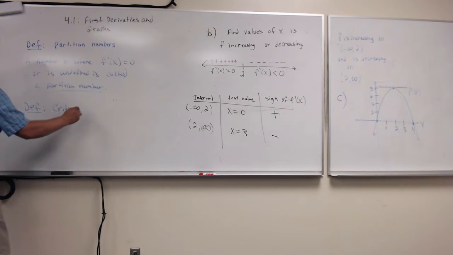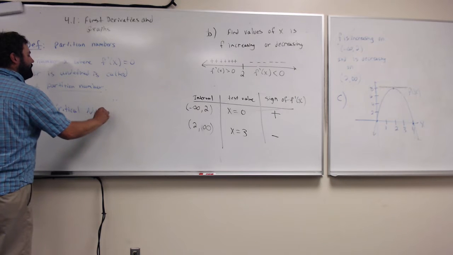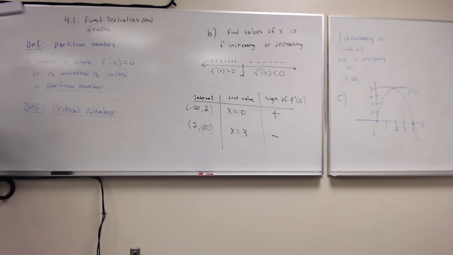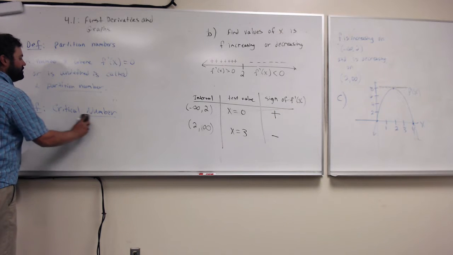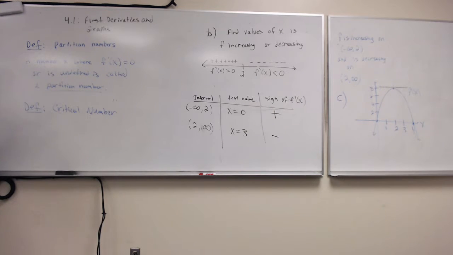So this is the one you have at the bottom of the page. It's almost the same definition. Read that definition at the bottom of the page. What would be the only difference between a critical number and a partition number? Pay attention to the wording. A partition number is just a number x. But what does it say? What's the even further restriction in the definition of a critical number?